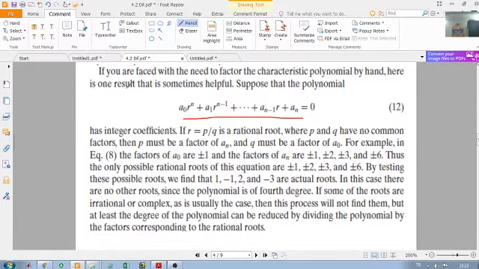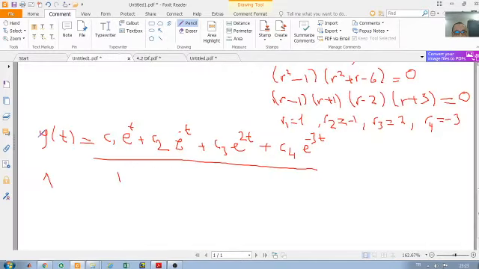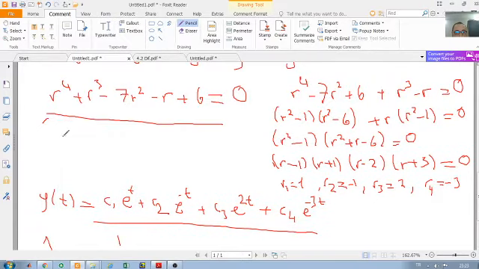So we will consider the factors of the coefficients a0 and an. The factors of the number 6: we have 6 in the numerator and 1 in the denominator. 1 is the coefficient of r to the power 4, and 6 is the constant of the characteristic polynomial.